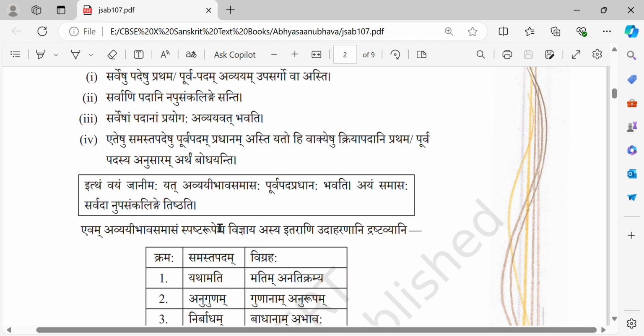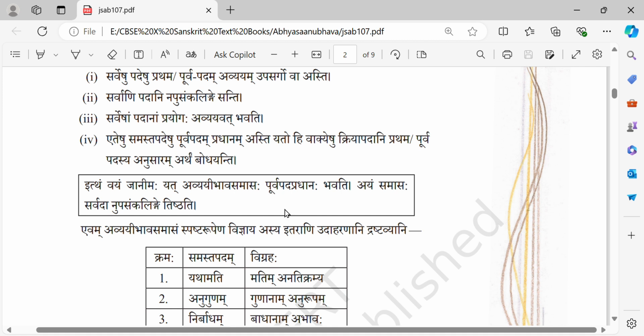So these are the things which you have to understand. Sometimes it will be asked for multiple choice questions. First word will be avyaya or upasarga. All the words will be in napumsakalinga. When the samasa is formed, it looks like avyaya. And the first word is important here. First word is important in avyayeebhava samasa.